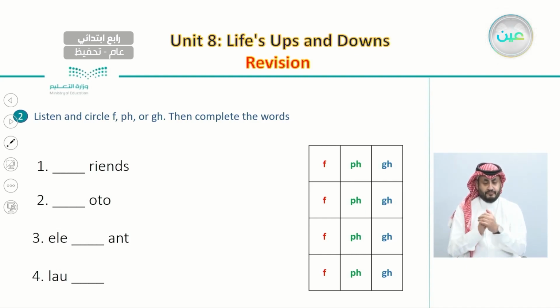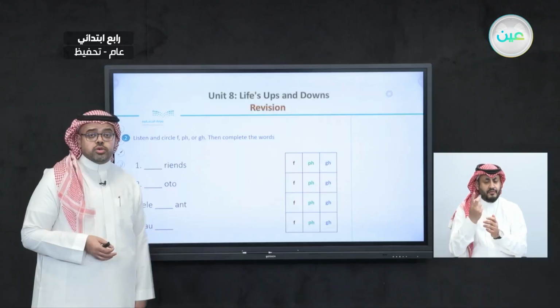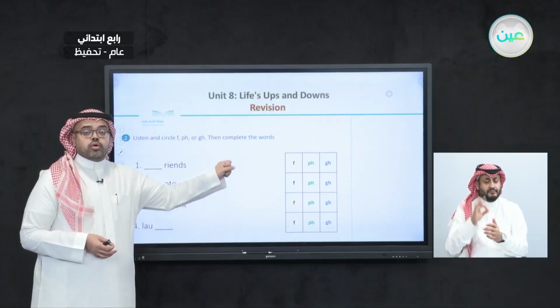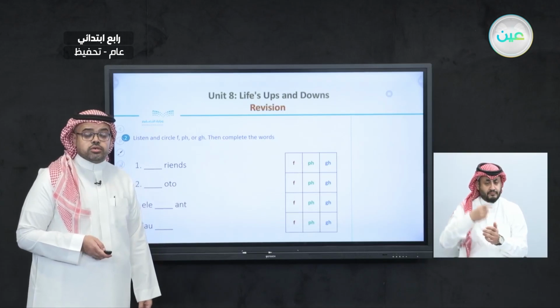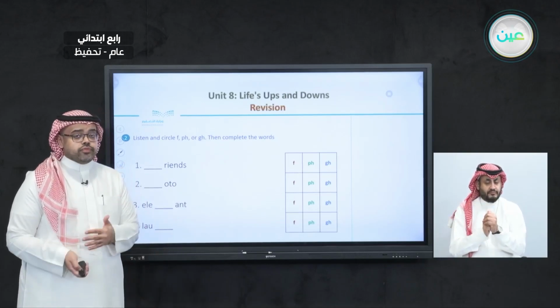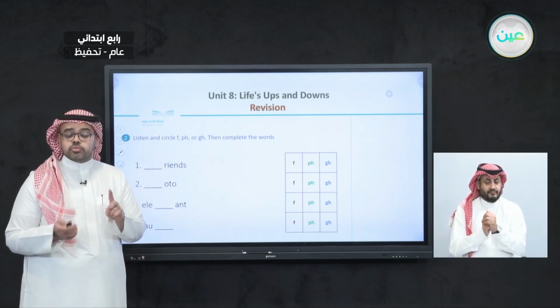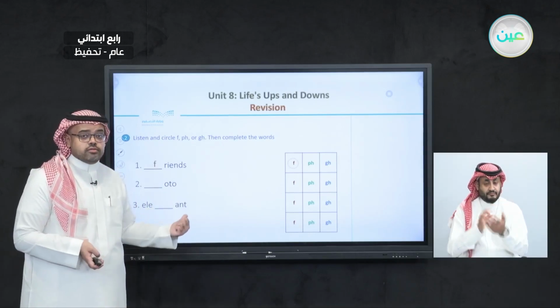We said, have a look at these letters and try to think of a word that has these letters. Which letter or letters does it start with? Is it F or PH or GH? So we gave an example of the first one. We said that the first word is friends.